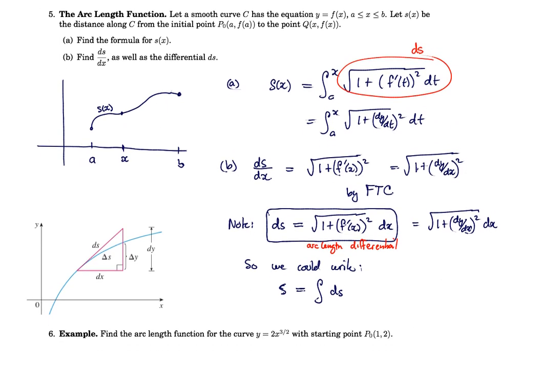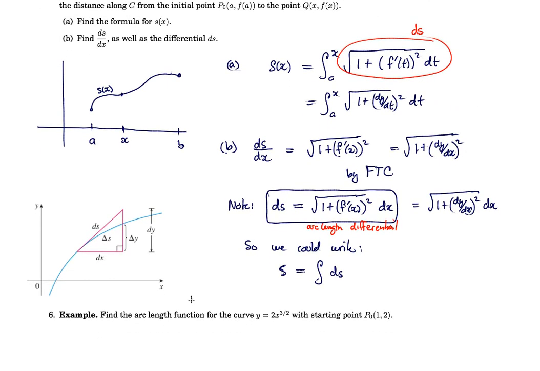And one other thing to notice is that if we square this arc length differential ds, then that's equal to dx squared plus dy squared. So in other words, we get a relationship between a small change in x, a small change in y, and the resulting change along the length of the curve.